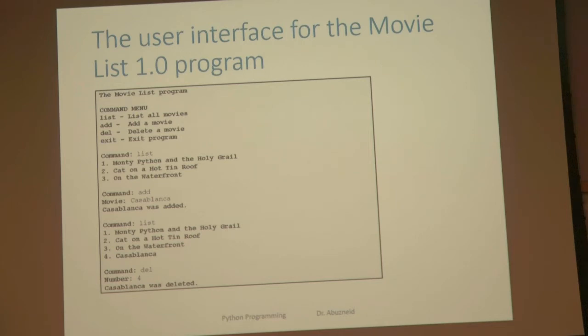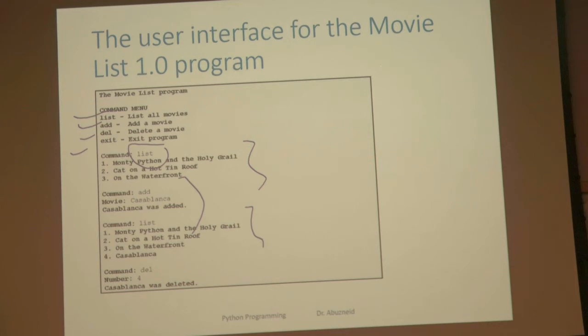So it has a command line, all right? List all movies, add a movie, delete a movie, edit, or exit, right? So when you enter, for example, the command list in here, what does it do? List all the 3 movies you have, all right? Command add, you could add a movie. Remove, you could remove a movie, etc., delete a movie, right?